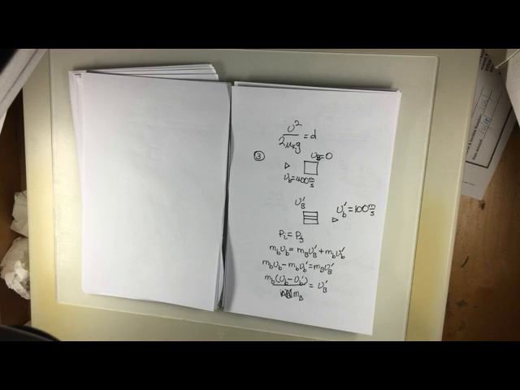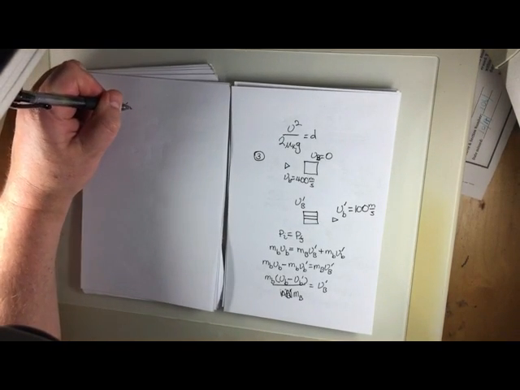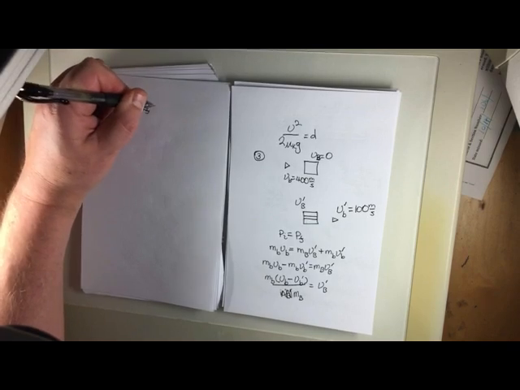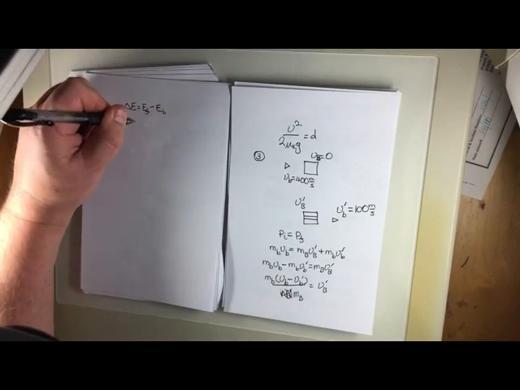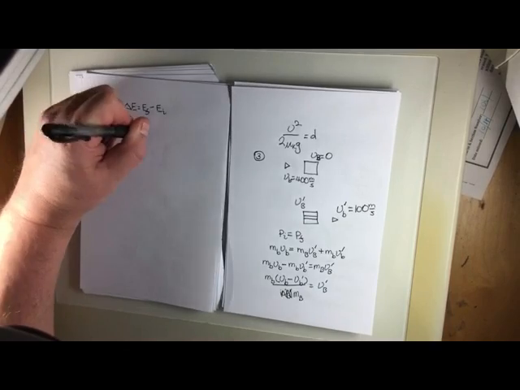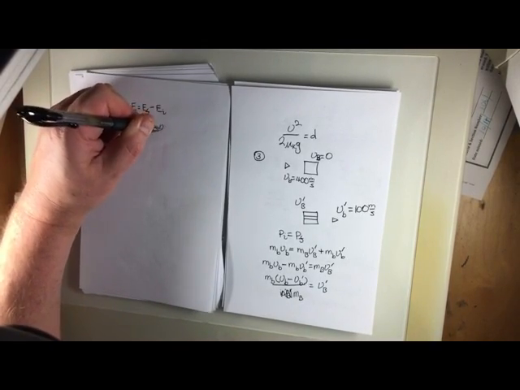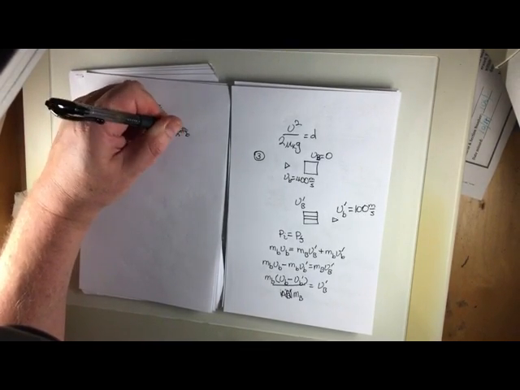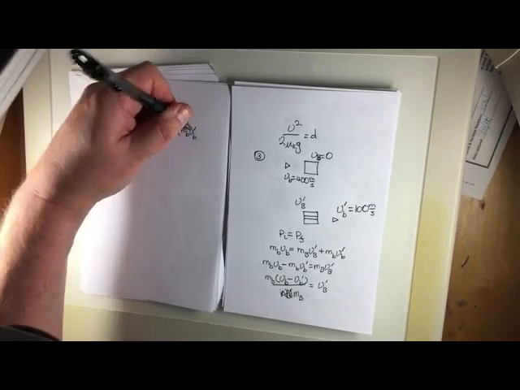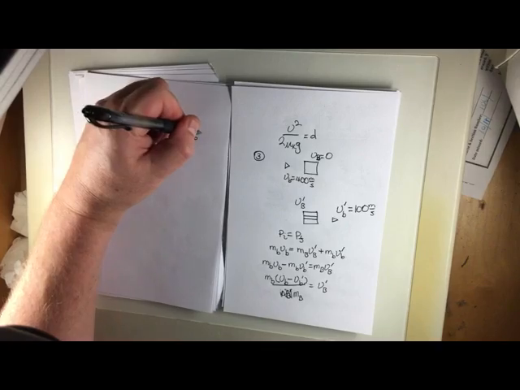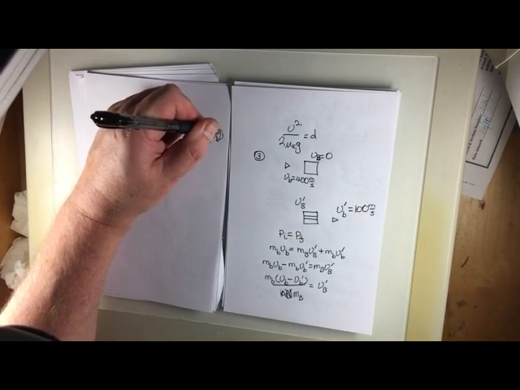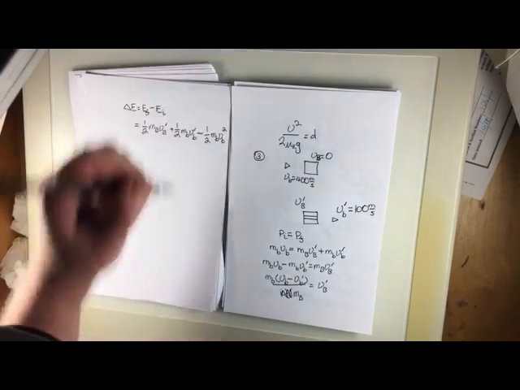To determine the energy lost is delta E, so that's energy final minus energy initial. The final energy is the kinetic energy of the two particles, and you subtract from it the initial kinetic energy, which is 1/2 mass of the bullet v bullet squared.